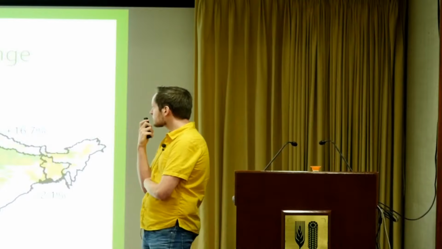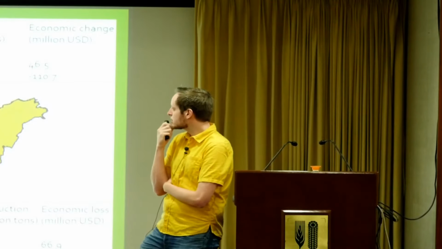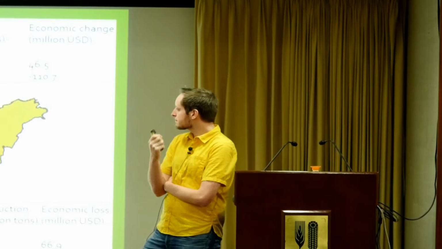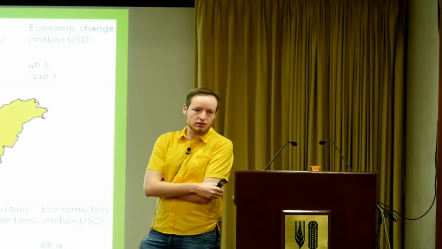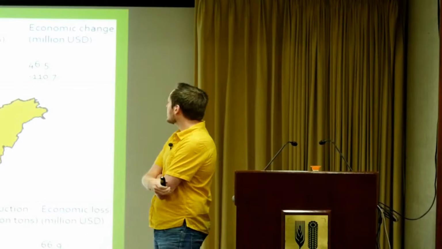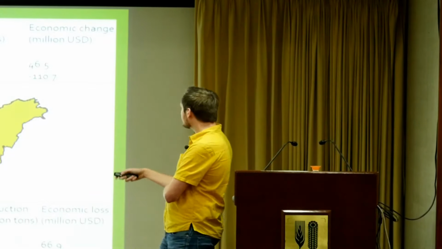So if you go to the last one, the one where you have the aggregate numbers, towards the end. Here, you say that Nepal is winning in terms of climate change, even under the worst case scenario. It's a negative loss, meaning a positive. No, sorry, that might be a little confusing.